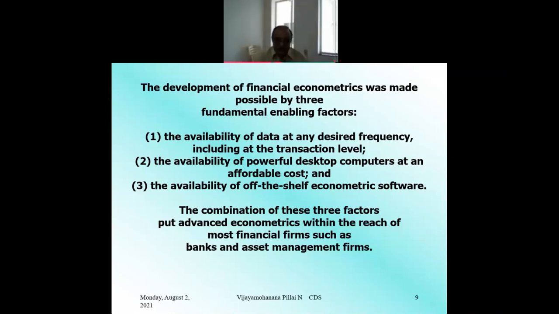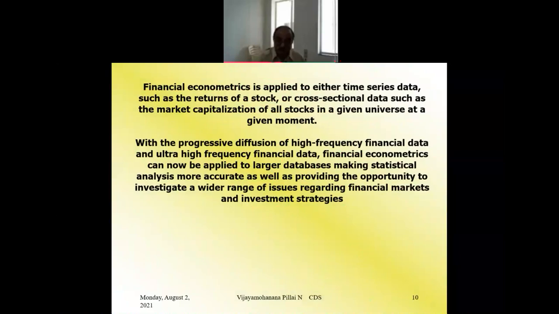So actually the combination of these three factors pushed advanced econometrics within the reach of most financial firms, such as banks and asset management firms. That's why today we have the field of financial econometrics. As I have already told you, financial econometrics is applied either to time series data, such as the returns of a stock, or to cross-sectional data, such as the market capitalization of all stocks in a given universe at a particular time.